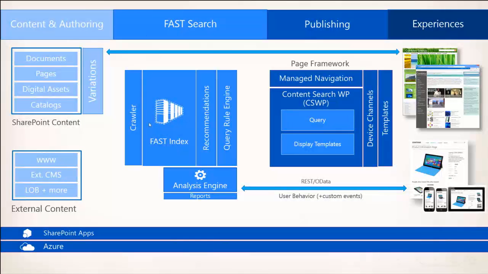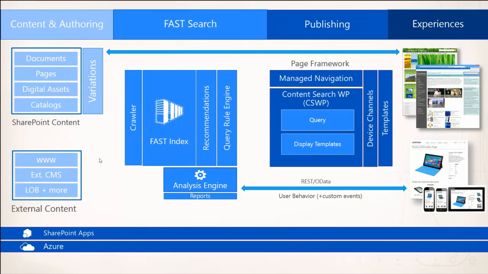But as I mentioned, because we have separated the layers of authoring from experience, and we don't care where content is coming from, as long as you can crawl that content, as long as you have a way to tap into that content and put it in the FAST index, you can actually use FAST to surface your legacy content in your new 2013 site.